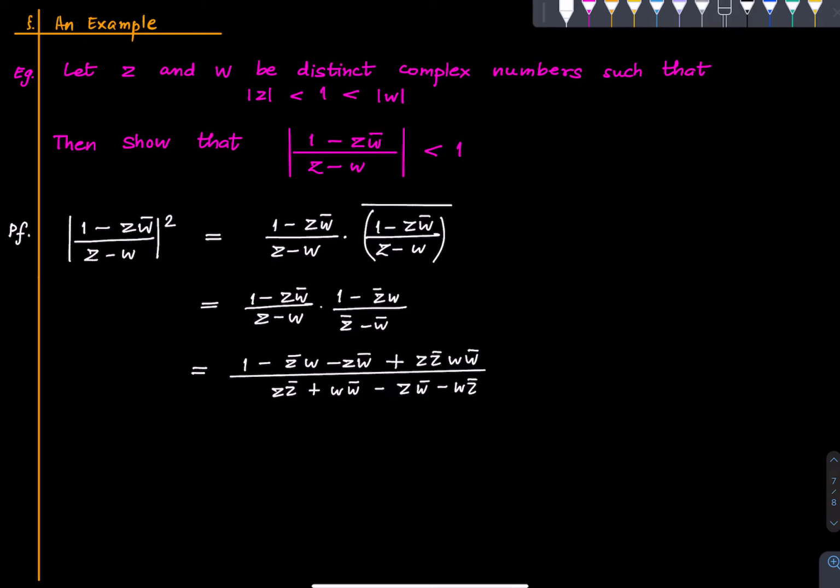Okay, so we want to show that this is at most 1. In fact, strictly less than 1. Okay, let me just do one more line. So the above is 1 minus some horrible thing plus mod z square mod w square divided by mod z square plus mod w square.